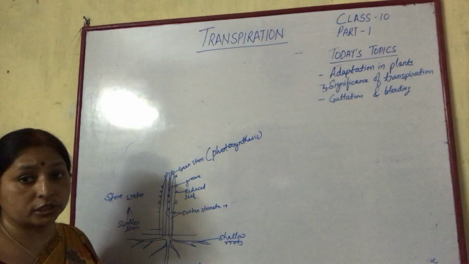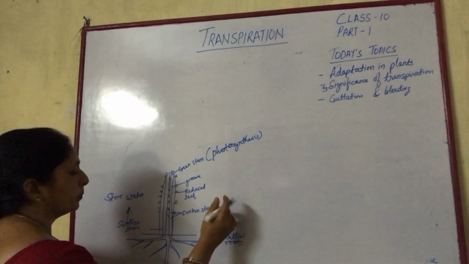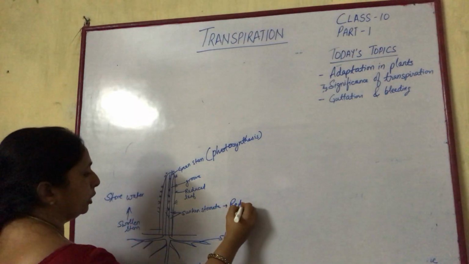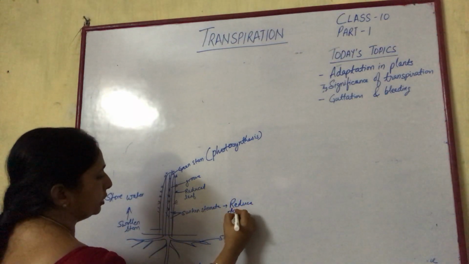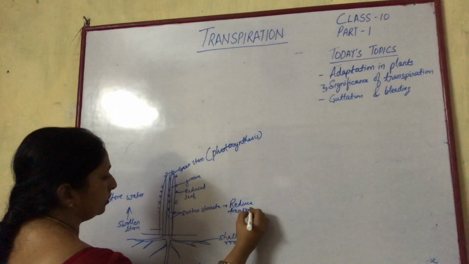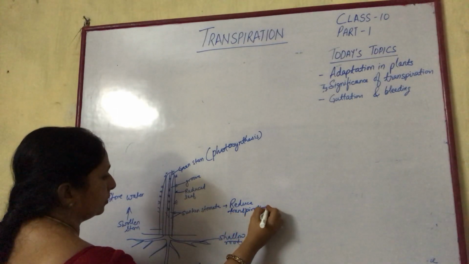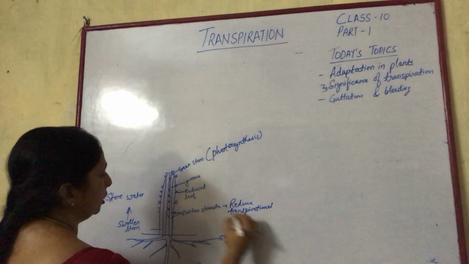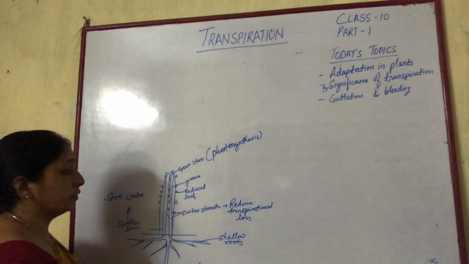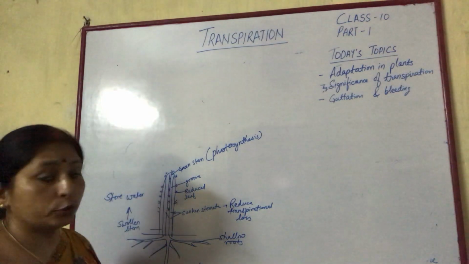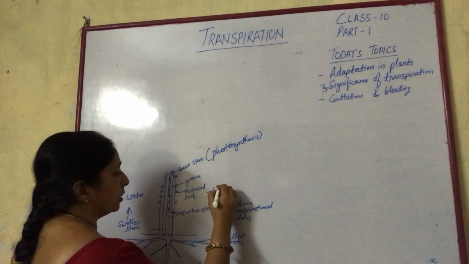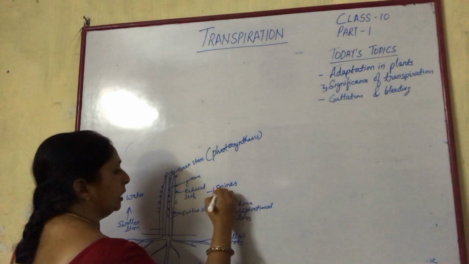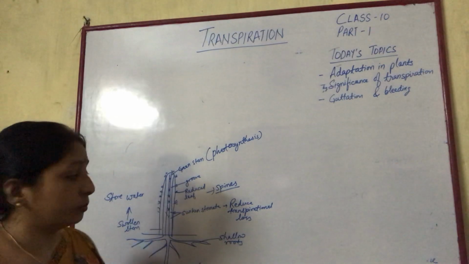To reduce transpirational loss, the stomata are sunken. Then reduced leaves: leaves are reduced to spines in order to reduce transpiration.